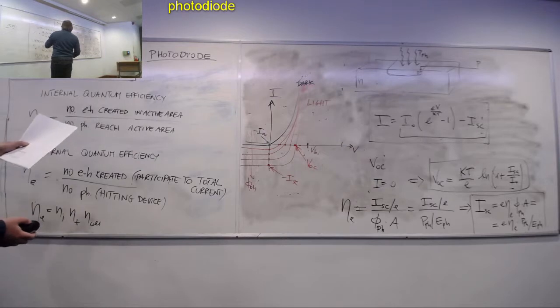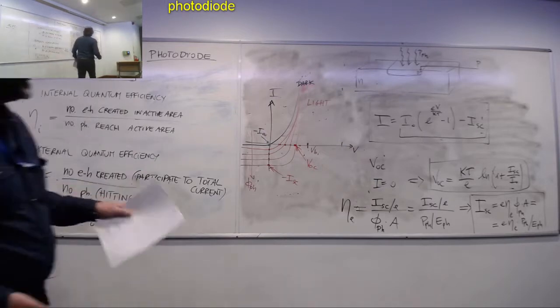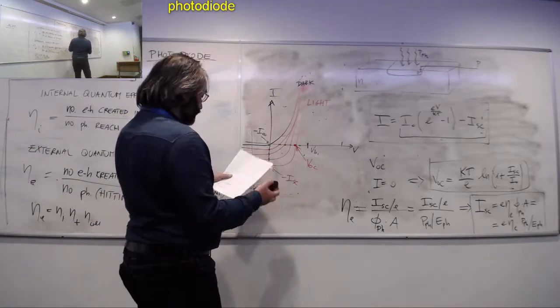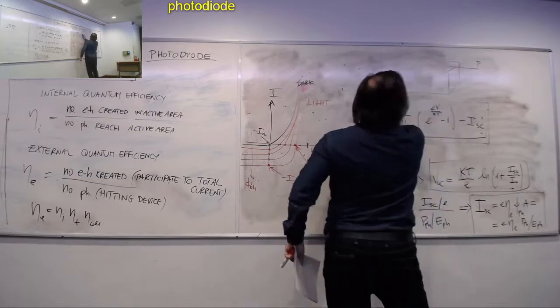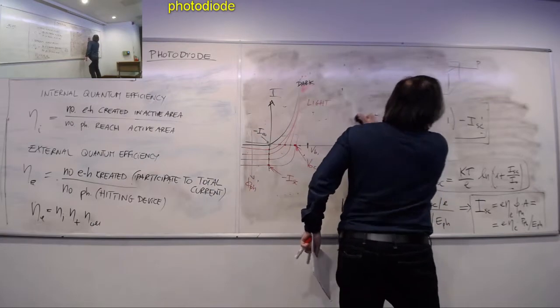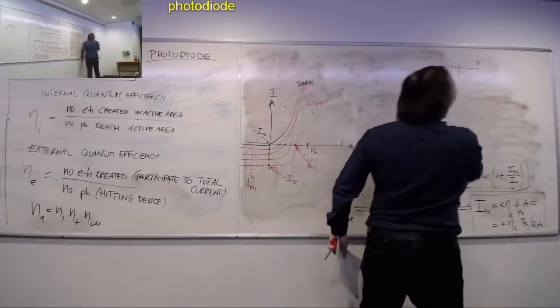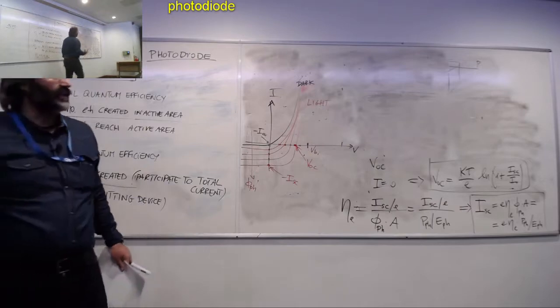So we can also define another important quantity. I will do it up here. So we remember this relation, so I'll remove it. That's quite easy to remember, it is the p-n junction's IV characteristic minus ISC, so it's quite nice.